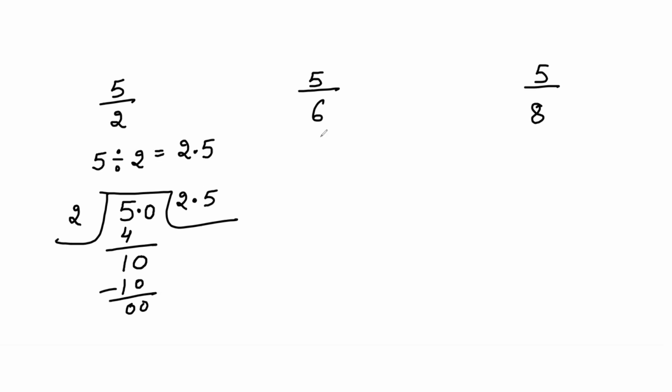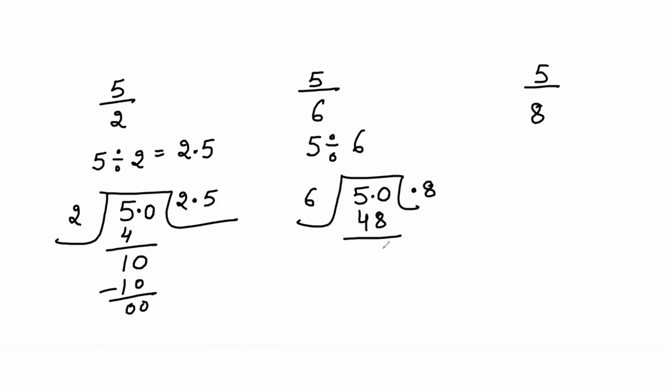Similarly, for 5 divided by 6, since I cannot divide 5 by 6, I have to add a point and then a 0. Now it's 50 for me. 6 8s are 48. Now I'll get 2.